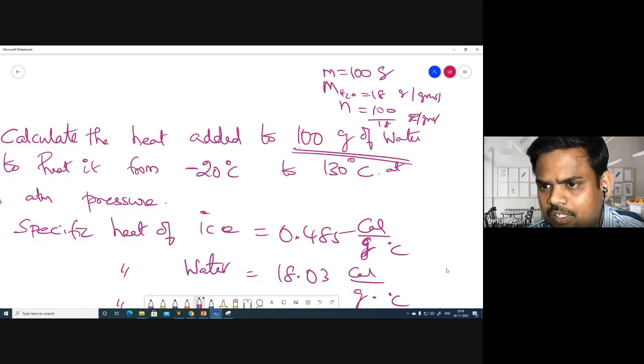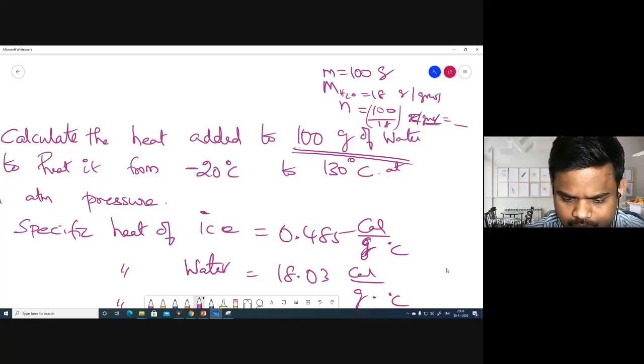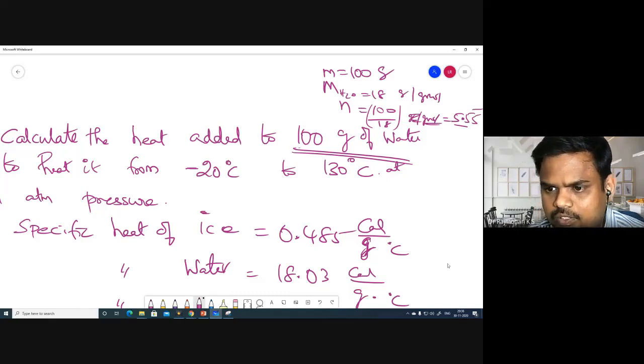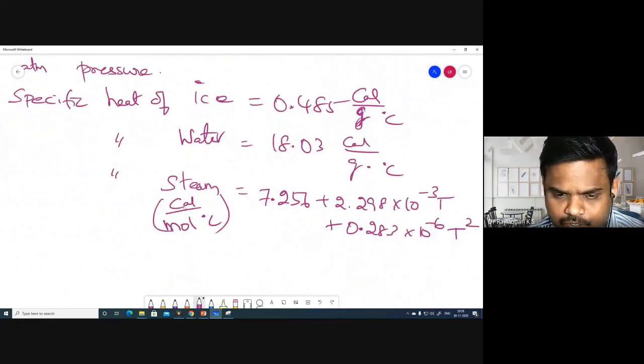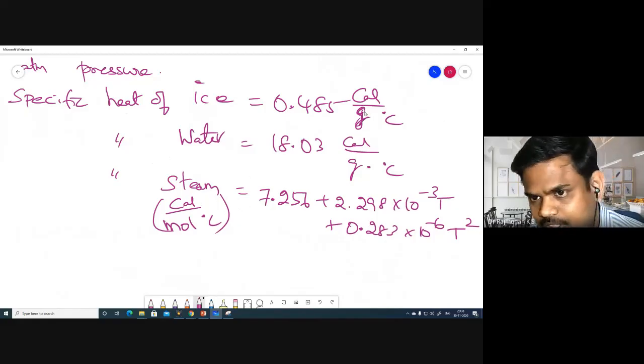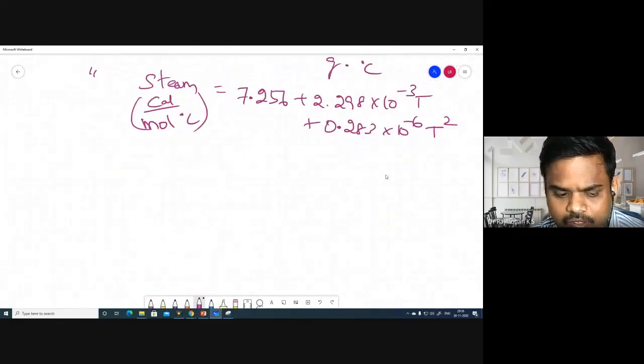The gram will get cancelled, so we will get 100 by 18 gram moles, which is 5.55. So that n value we have to use in n Cp delta T for steam. When you are calculating specific heat, we have to multiply by that value correspondingly. That's why I always tell you to check the value of Cp, what data is given and the associated unit, which we have to consider.